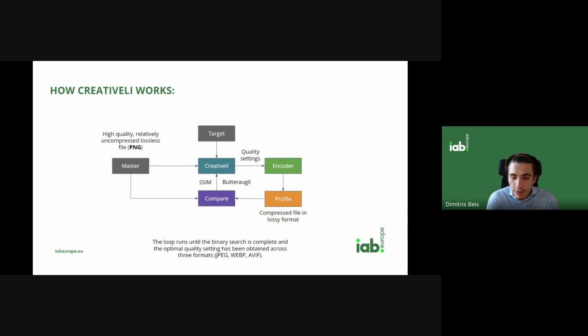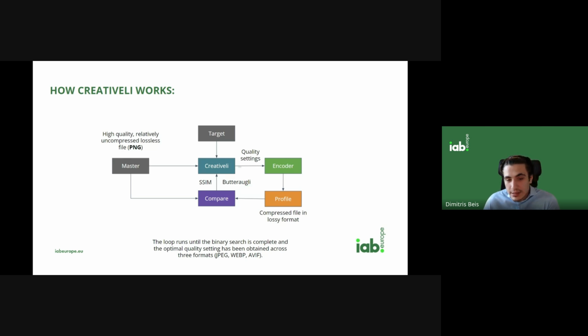Okay, now that we've covered all of that, let's talk about how CreativeLi works, because we have all of the components in terms of the required information to understand it. All CreativeLi does is it takes your master file, which has to be a high quality, relatively uncompressed, lossless file, like a PNG. It takes a target for either of these two metrics. It used to be based solely on SSIM, but now we've developed a Butteraugli version as well.